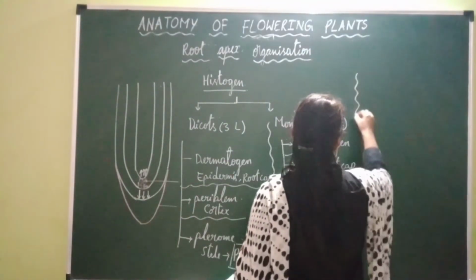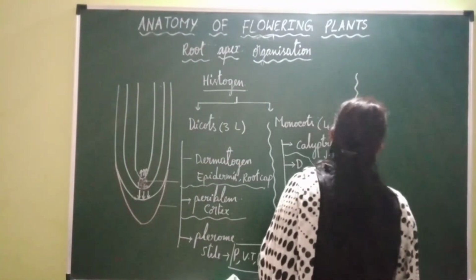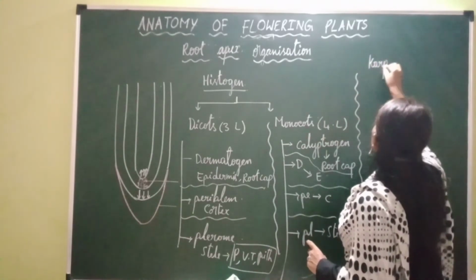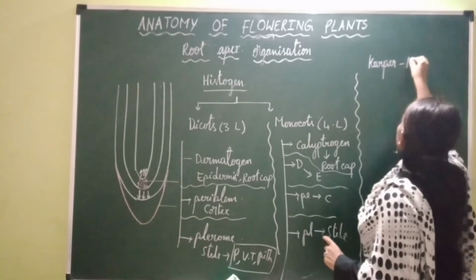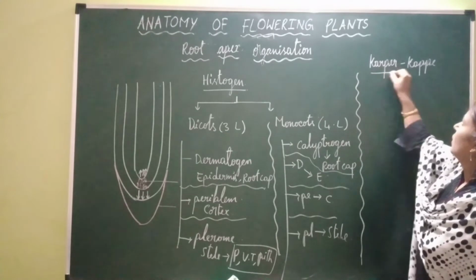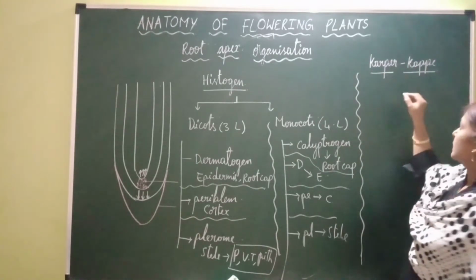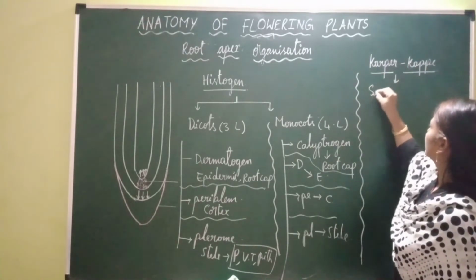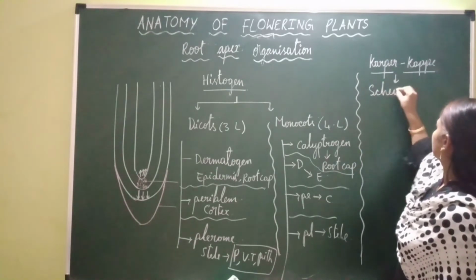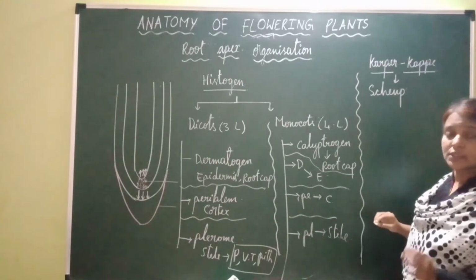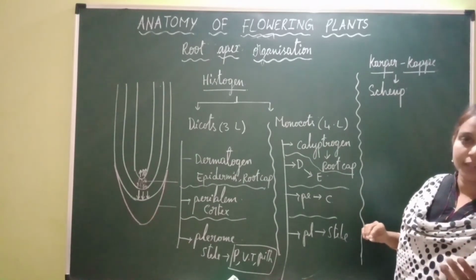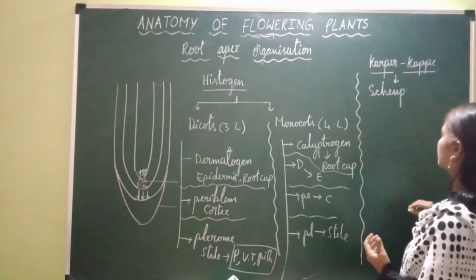Then coming to Carper-Cape theory. This Carper-Cape theory is given by the scientist Schüepp. This Carper-Cape theory is similar to the Tunica-Corpus theory, which we studied in the case of shoot apex organization.